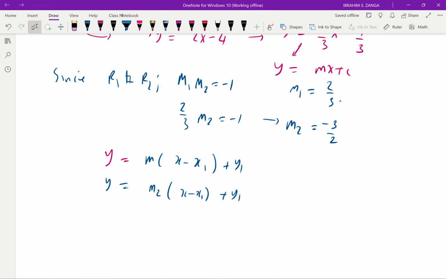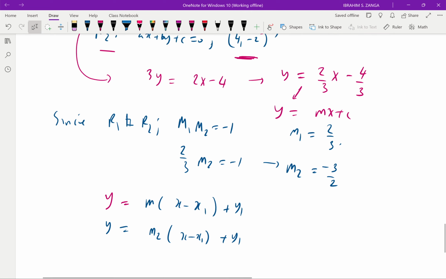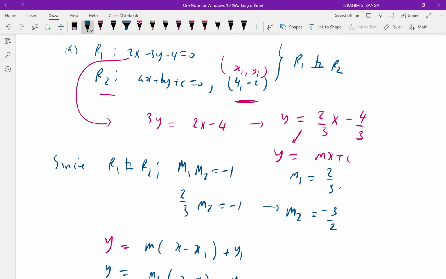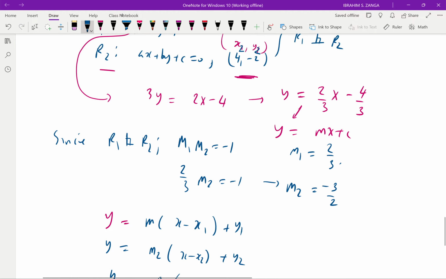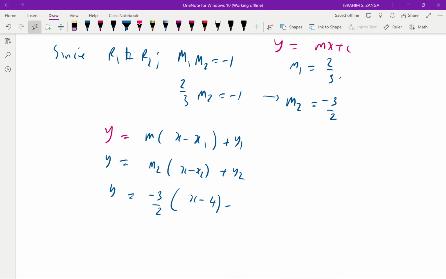Okay, to avoid confusion, you can name these points to be x2, y2 here. So x2, y2, and here we are going to use x2 also, y2. So we're going to say x minus x2 plus y2. So y will be negative 3 over 2 in the bracket x minus 4, minus 2.